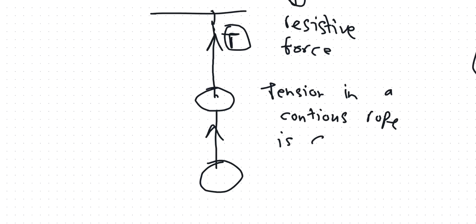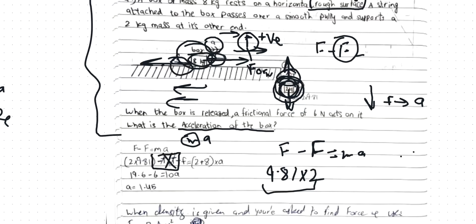So my tension, wherever it is, be it here, here, or here, it would be the same. So in this case, the tension in this rope is the same. So I can cancel these values out. And when I solve this equation right here, I'll get my acceleration as 1.45.